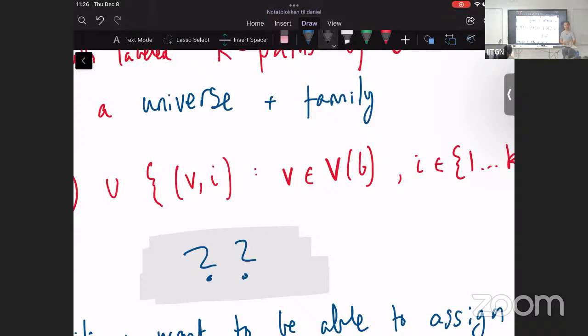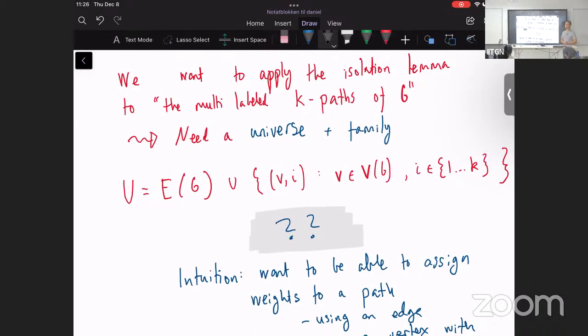Now, if we think of a walk as a set of edges together with a set of vertex label pairs, then we can't actually completely recover.